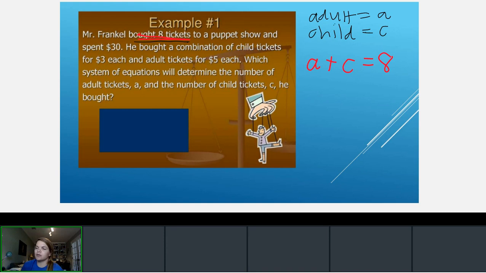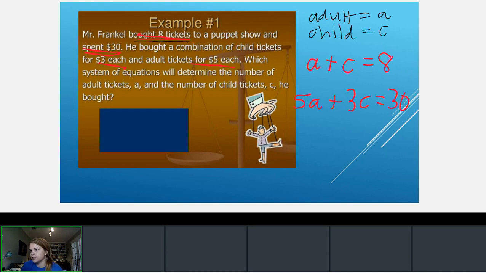Okay, the second relationship that we have to define and write an equation for is that he spent $30. So how much was an adult ticket? Well, we know the adult ticket was $5 each. So $5 for every adult ticket, so 5A, plus $3 for each child ticket, 3C, and that total was $30.